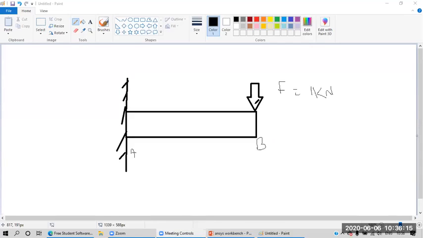Now, you must have remembered that whenever you say a point load is acting, what do you understand by the point load? Can anyone answer? When I say that a point load is acting, what does that actually mean?